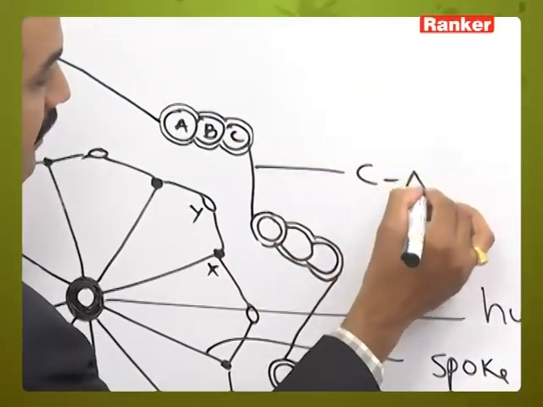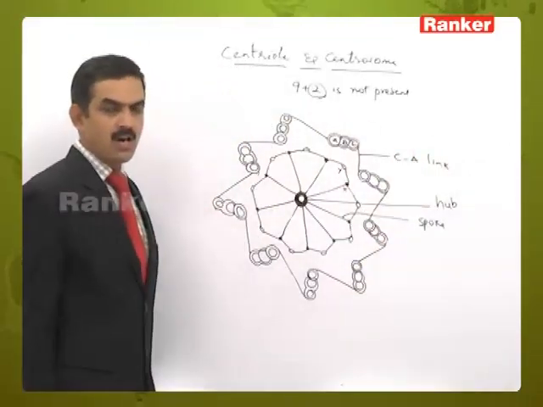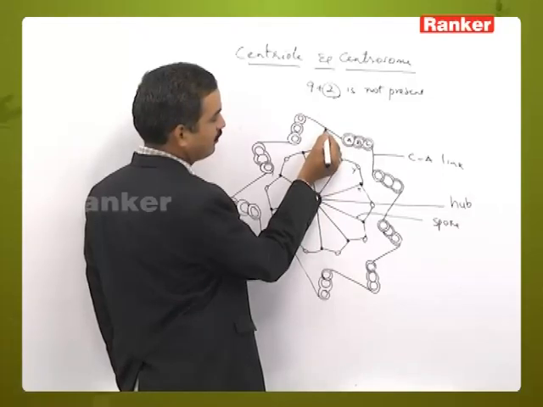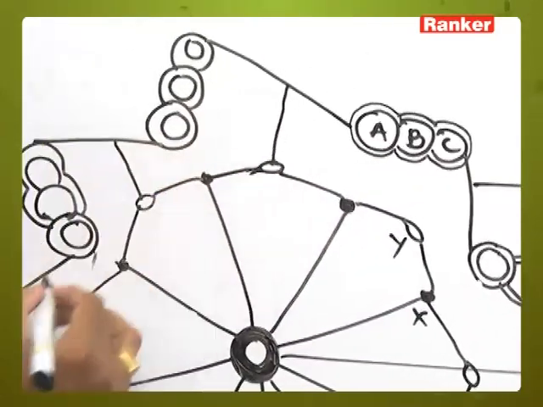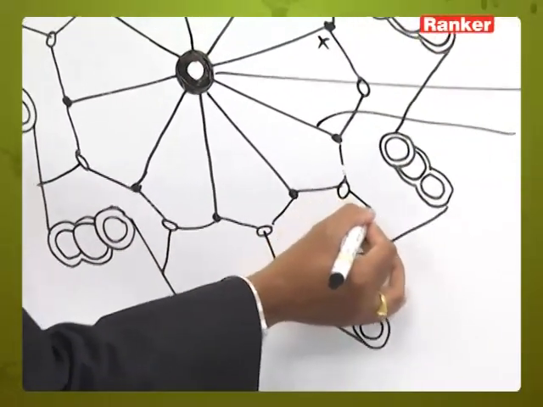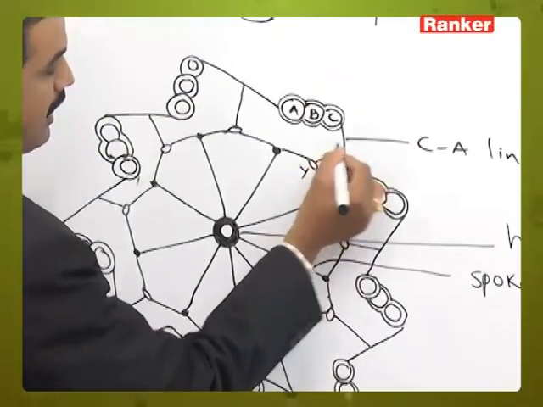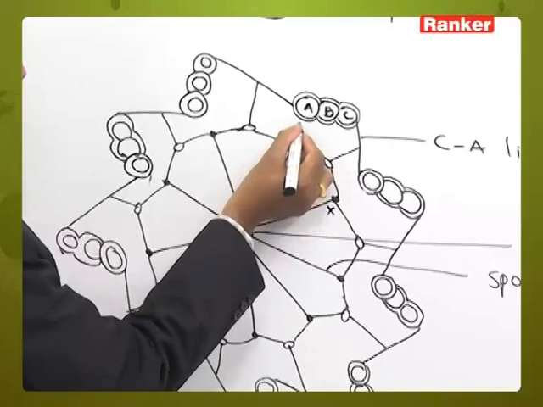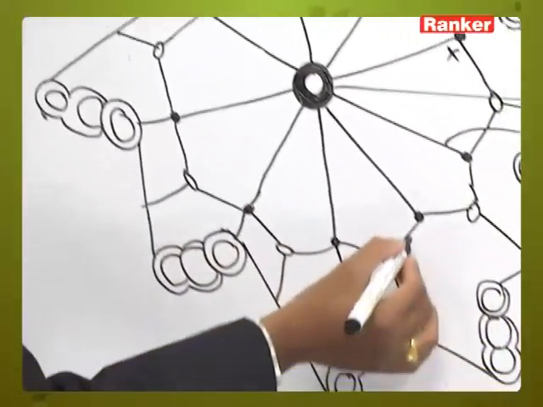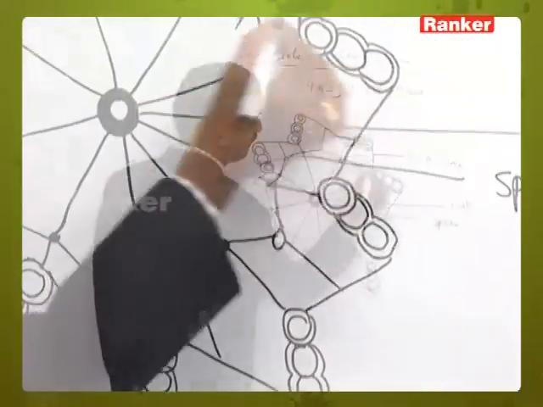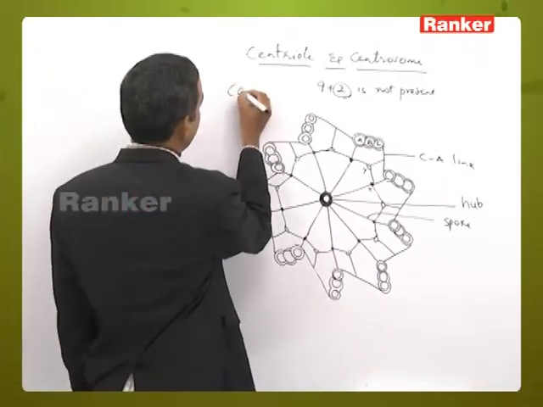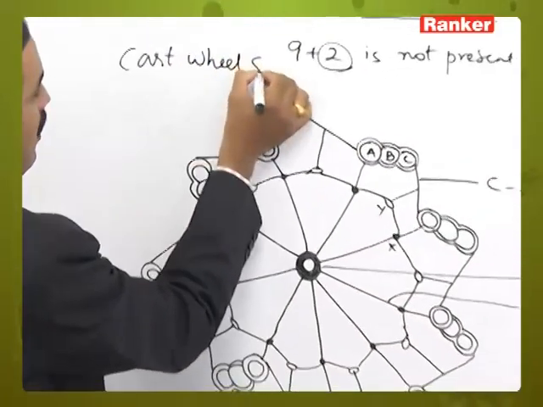This is called the CA link, or we can call it the CA bridge. And this Y thickening is connected to the CA link, and this X thickening is connected to the A microtubule of the peripheral microfibril. This entire structure appears like a cartwheel-like organization, so we call it the cartwheel structure of the centriole.